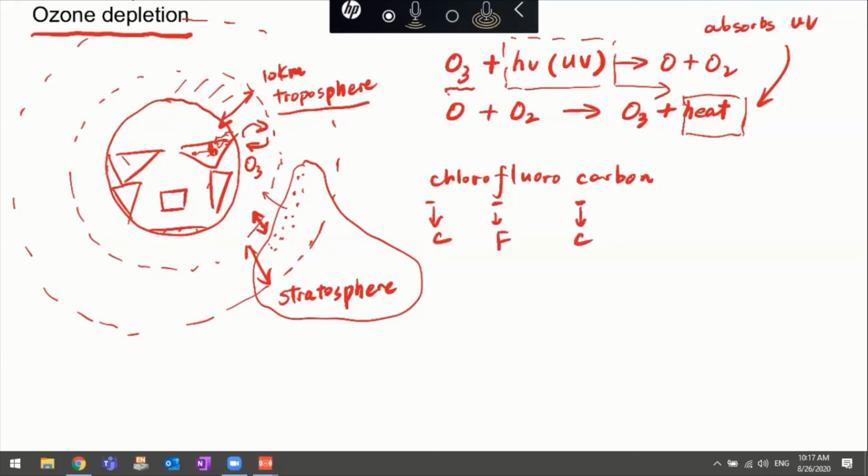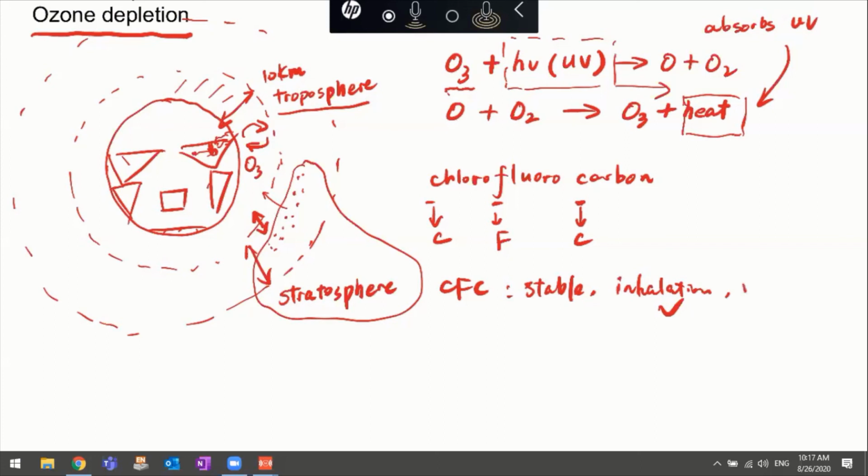Okay, so the CFC is very stable. So it doesn't cause problems if people inhale. It's good for inhalation, right? If people inhale this gas species, inhaling the CFC is fine.